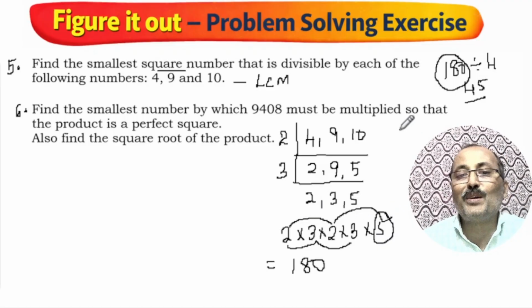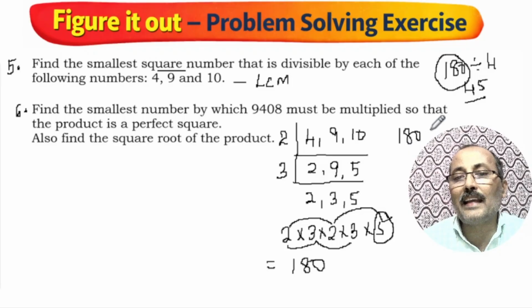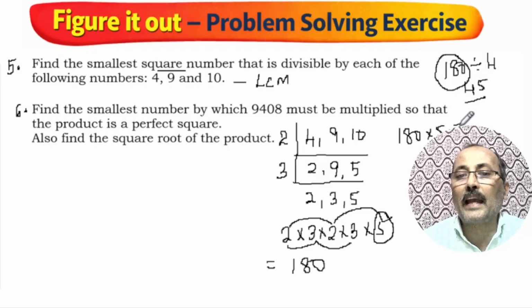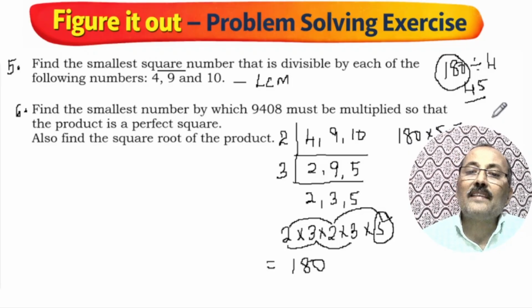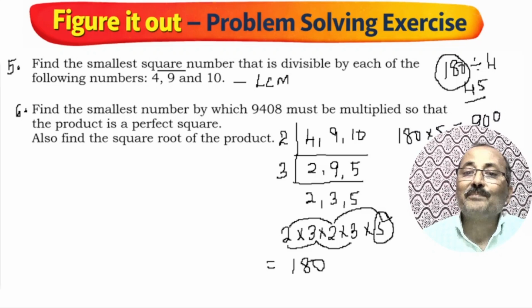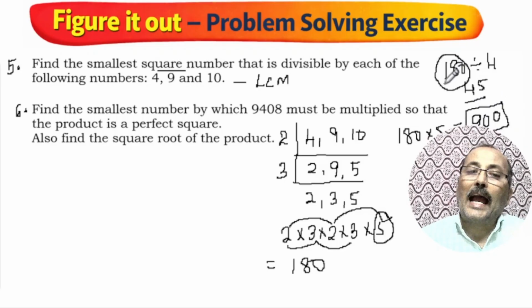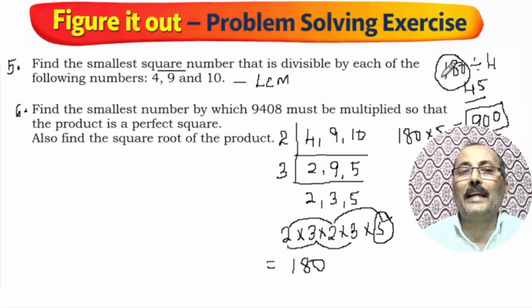So I am going to multiply 180 by 5 to get 900, since 5 eighteens are 90, so it is 900. That means not 180. Actually, according to last year's syllabus, LCM is correct. 180 is divisible by 4, 9 and 10.